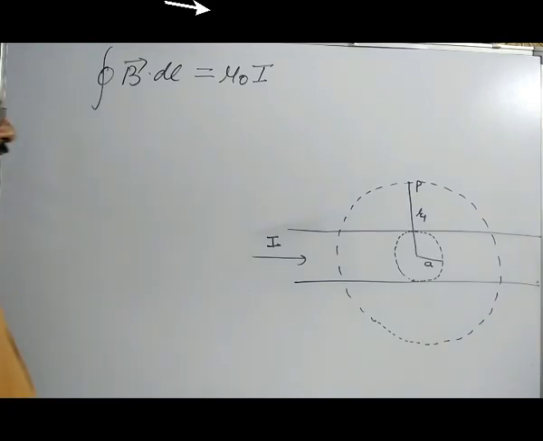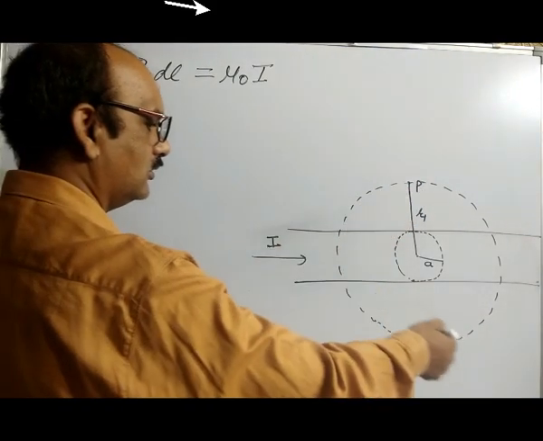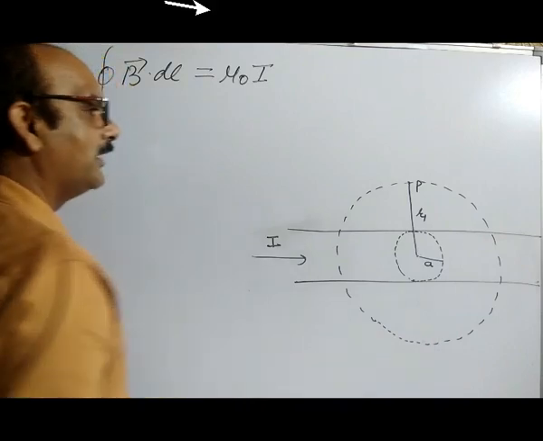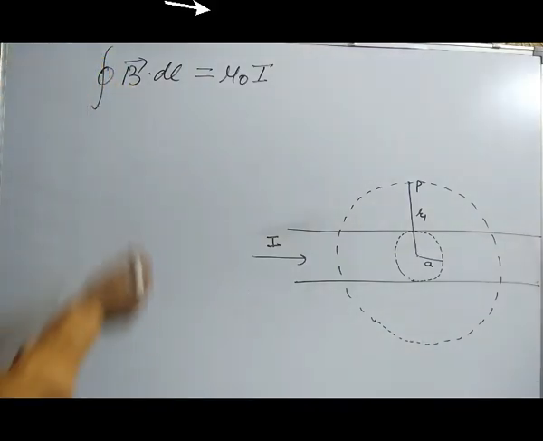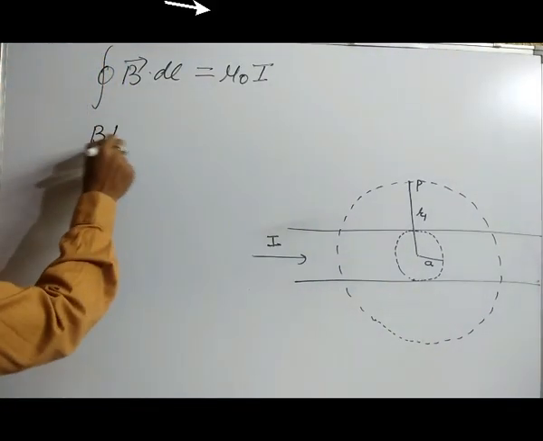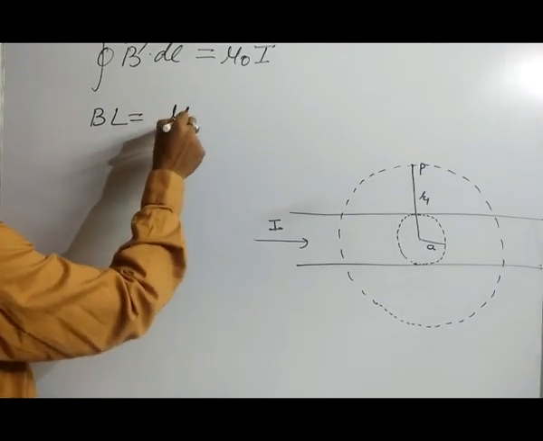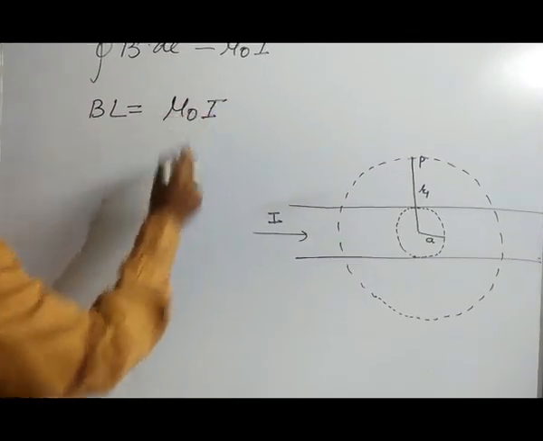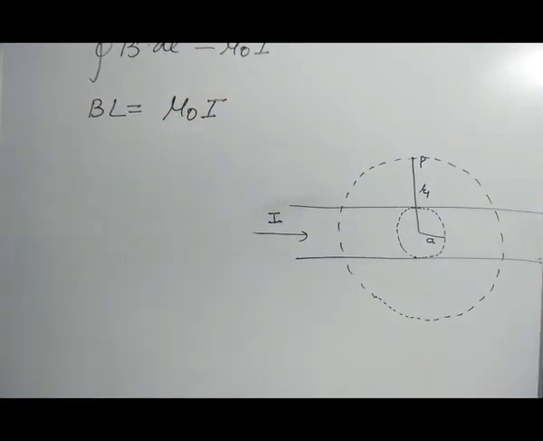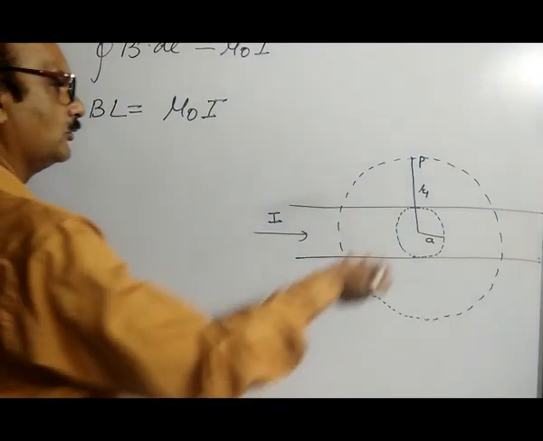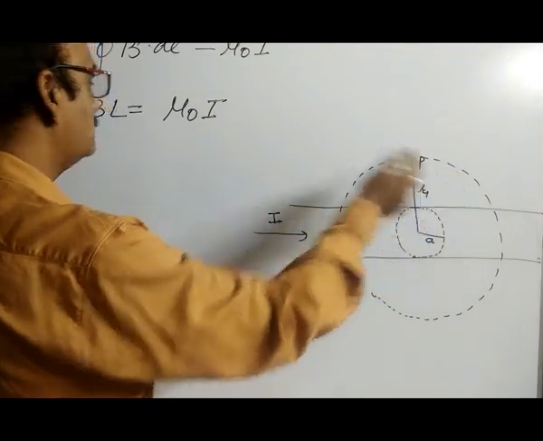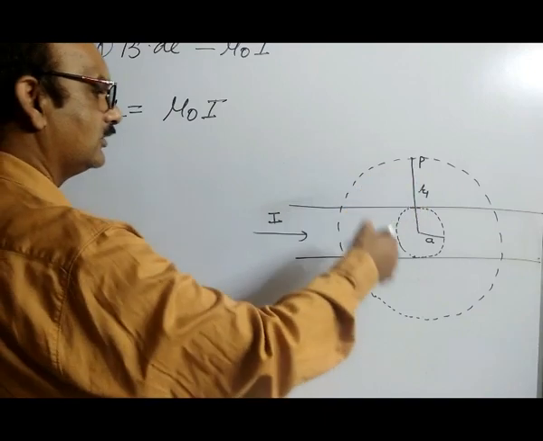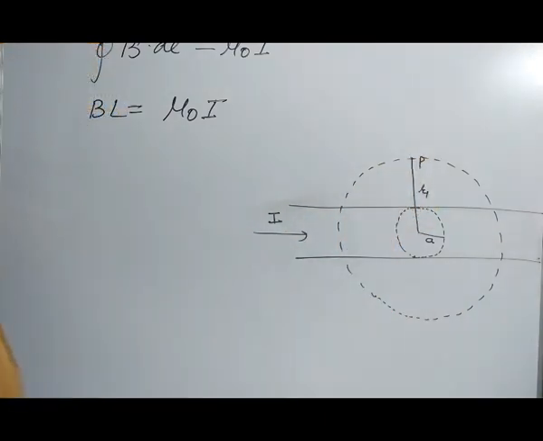If magnetic field is constant over an Amperian loop, then this can also be written as BL equal to mu naught I, where I is the current enclosed by the Amperian loop and L is the length of the Amperian loop.